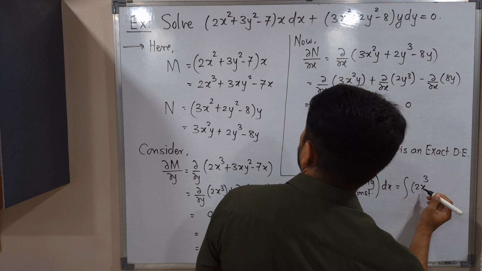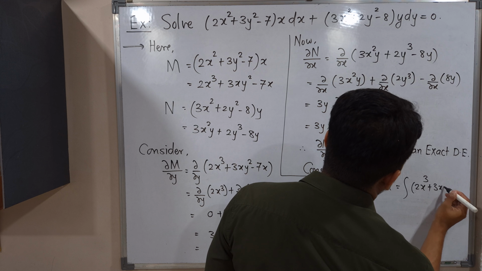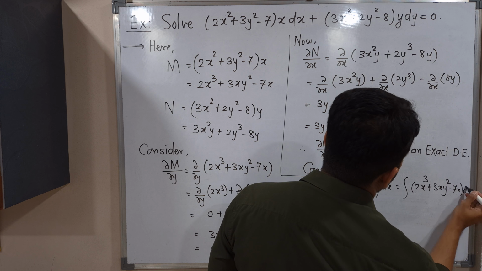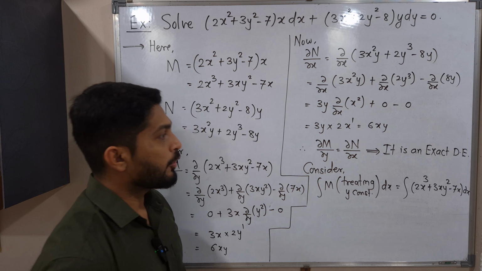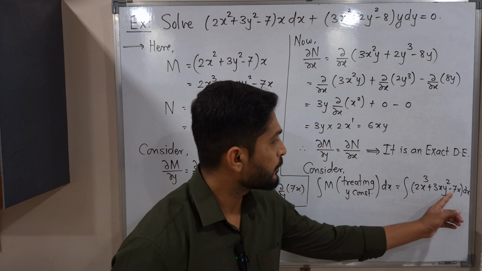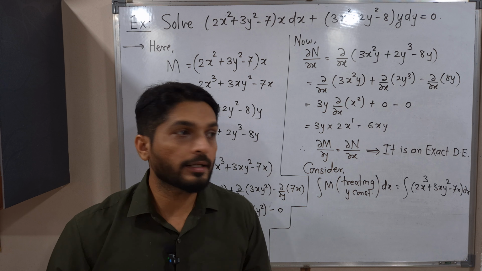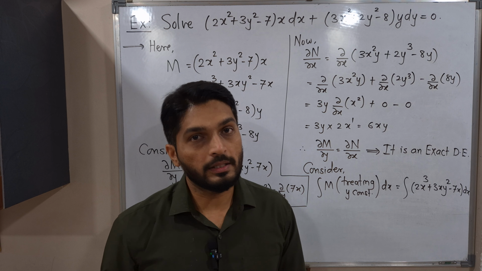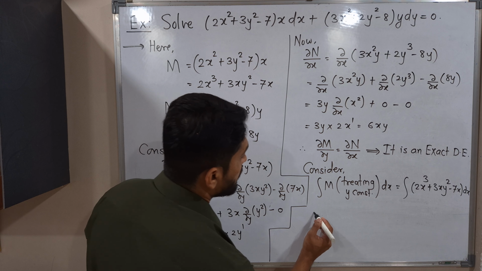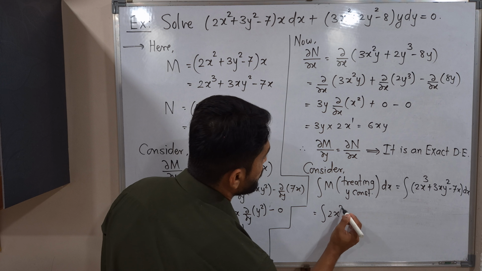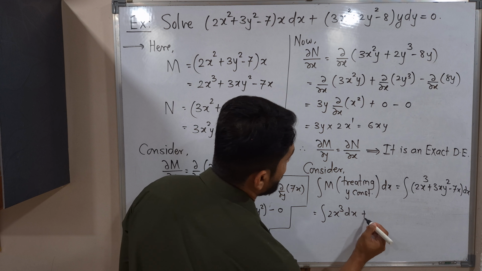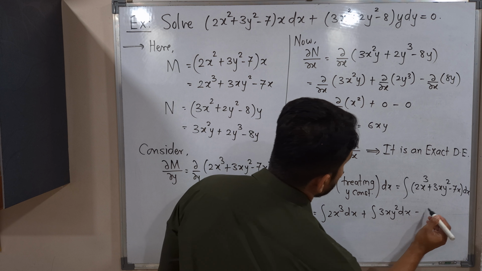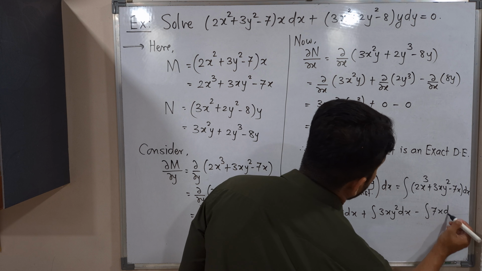2x cube plus 3xy square minus 7x dx. Tell me how many terms are there? 1, 2, 3. 3 terms are there, separated by plus and minus signs. So I will take separate integrations. Integration 2x cube dx plus integration 3xy square dx minus integration 7x dx.